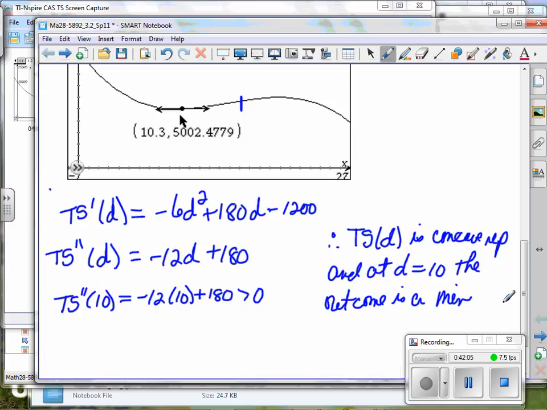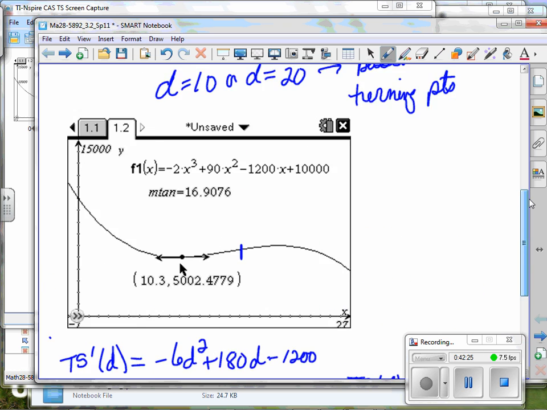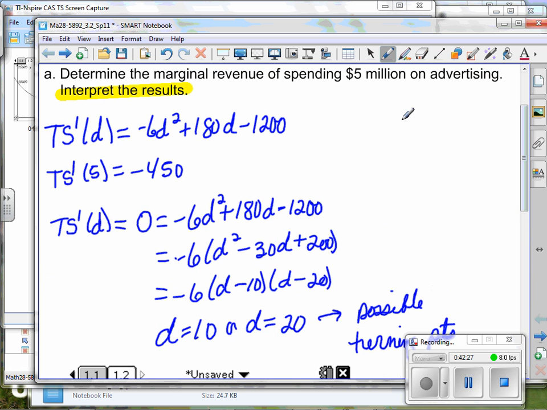Okay? Is a minimum. So we went up here and we said, okay, that was a possible turning point. When we actually put that 10 into the second derivative, we see that it's positive, it's concave up. So in fact, it's not a possible now, it's a definite. It is a definite turning point, and it's a minimum. Now, the work we did up here is known as the first derivative test.